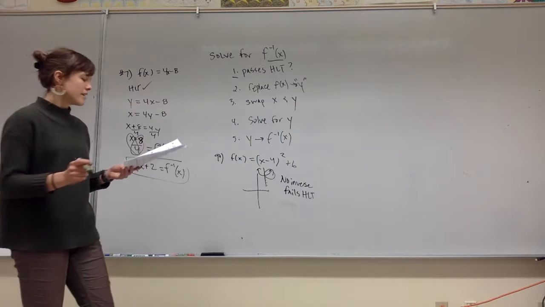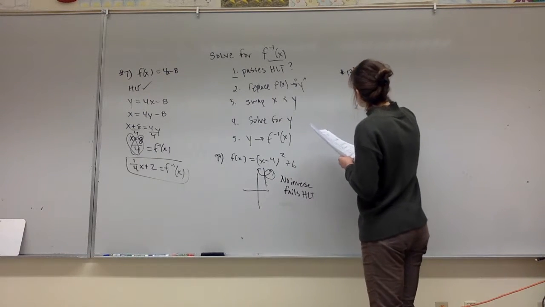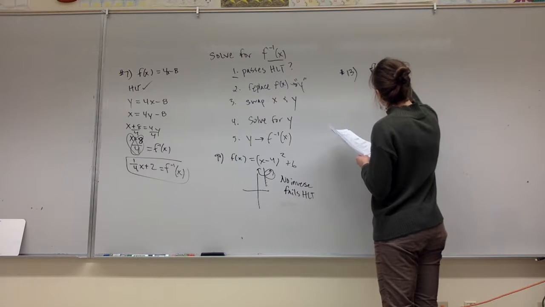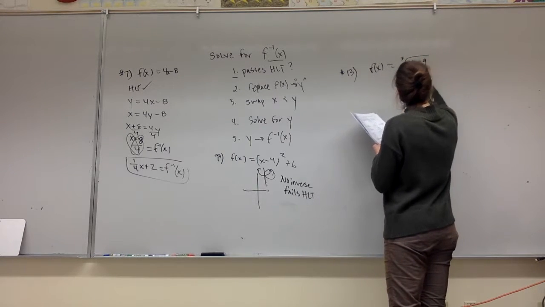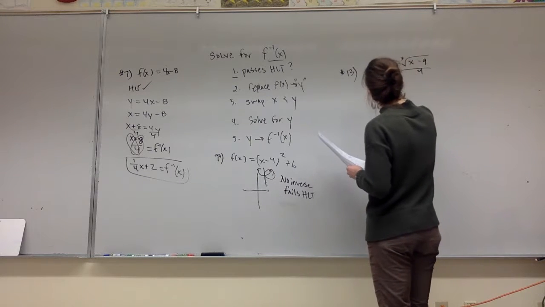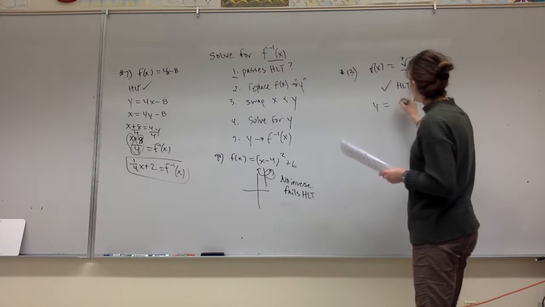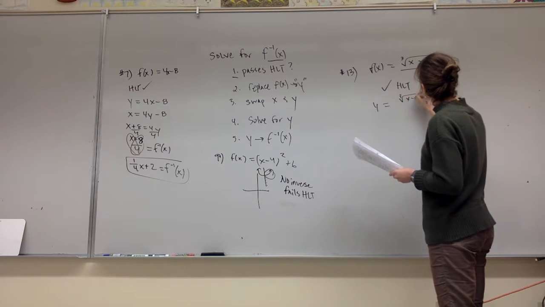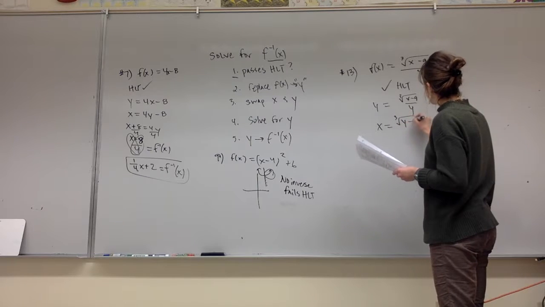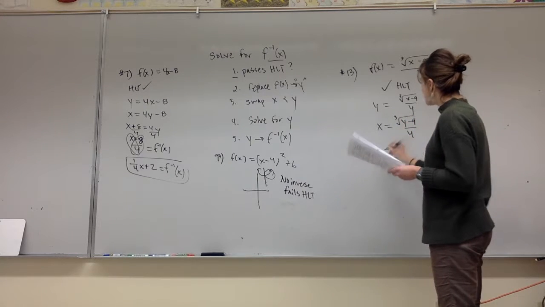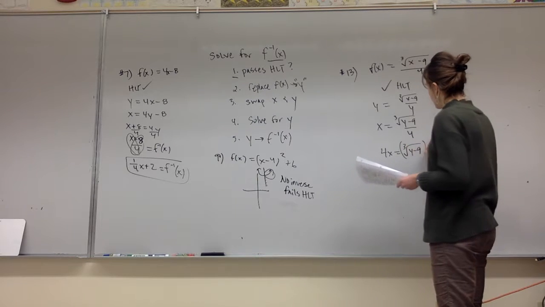Get tricky. Alright, so then in number 13, I have a cube root, so that passes HLT. Then I replace f of x with y, swap y and x, and now I solve: 4x equals the cube root of y minus 9.